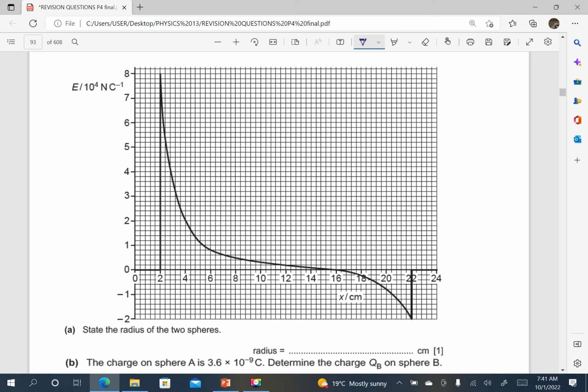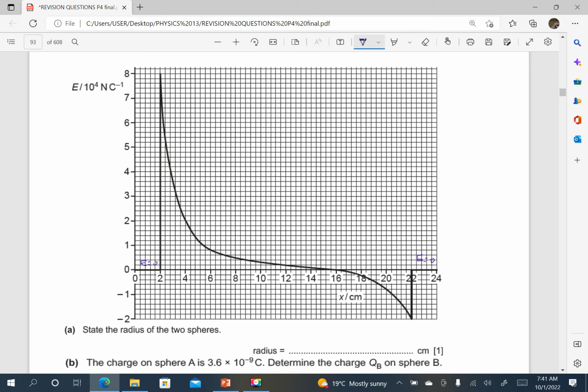So first of all, the first question is telling us to set the radius of the two spheres. So inside the conductor, E is 0. So you see here the line is along the x-axis. Here E is 0. So this is most likely the radius of that one. Here along the x-axis towards 24, E is 0. So between 22 and 24, E is 0. So that means the radius is also 2.